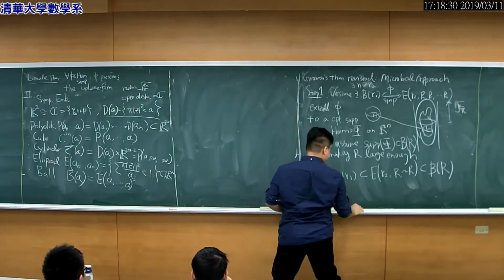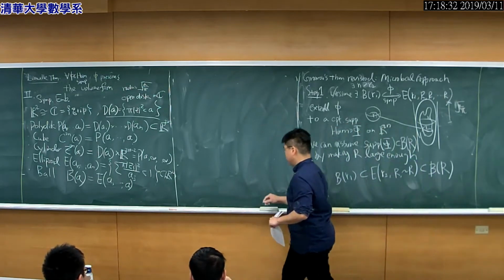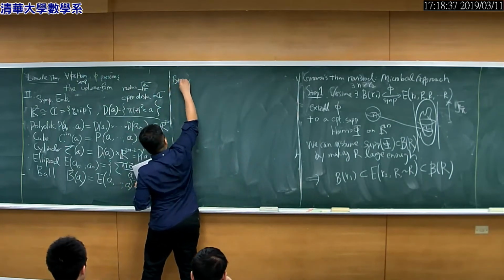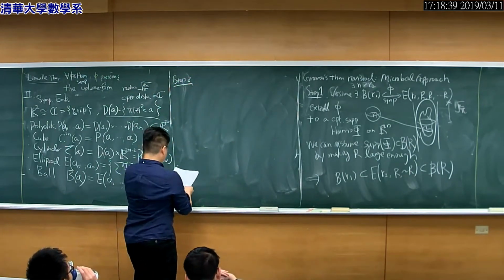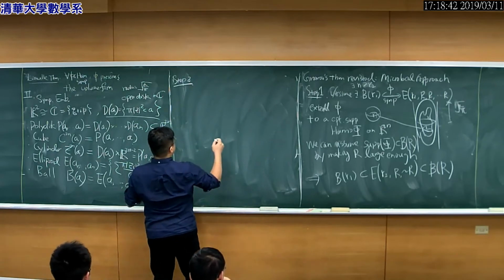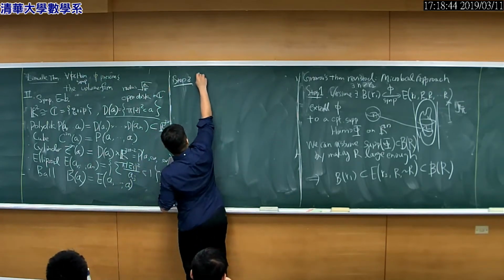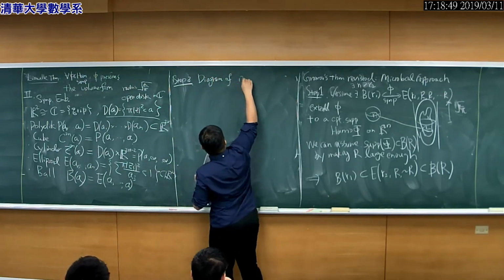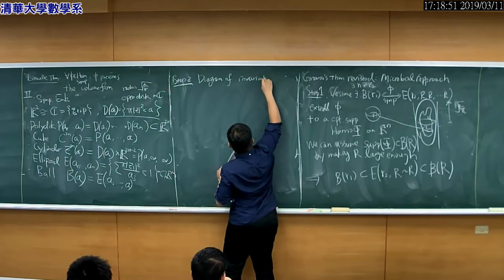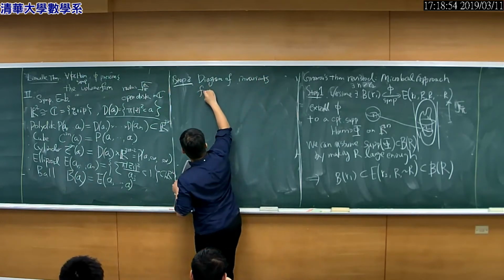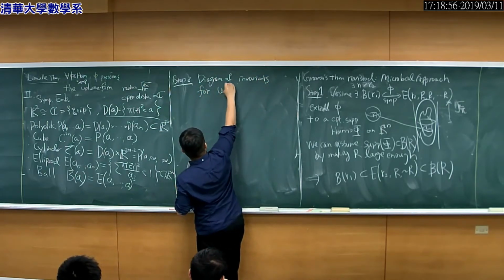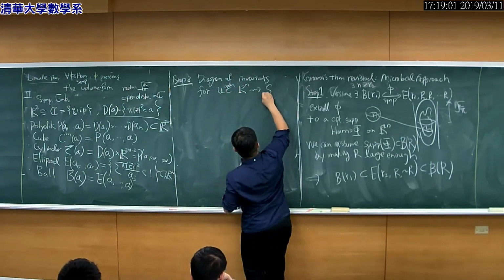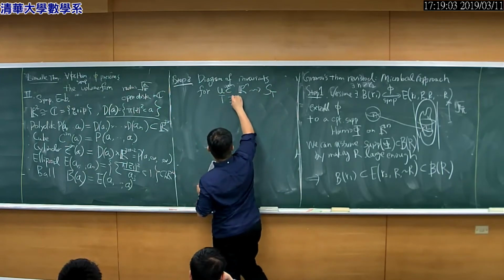And the technical part is, for such an inclusion diagram, we can define a sequence or a diagram of invariants for all open domain U greater than 0.